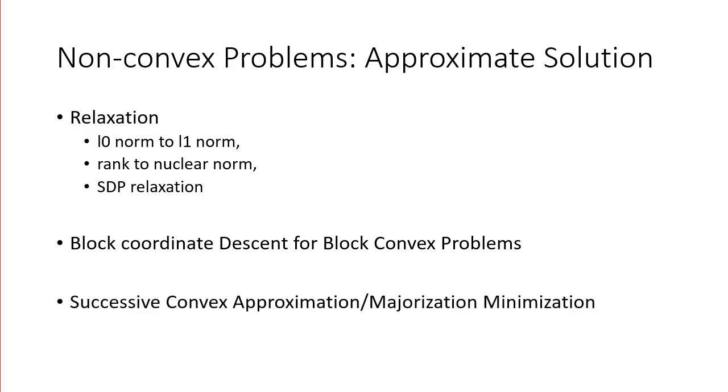And then we have the successive convex approximation method, or the related majorization minimization algorithm. Together these are three of the most common methods, and they all rely on our ability to solve convex problems efficiently. Once we can solve those convex problems, they can be used to solve this special class of non-convex problems approximately but efficiently.